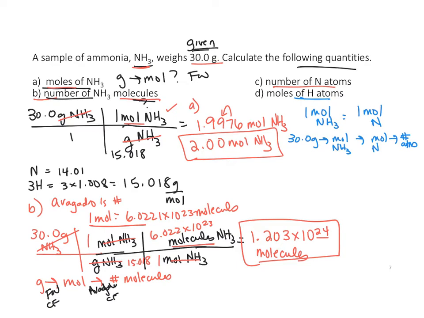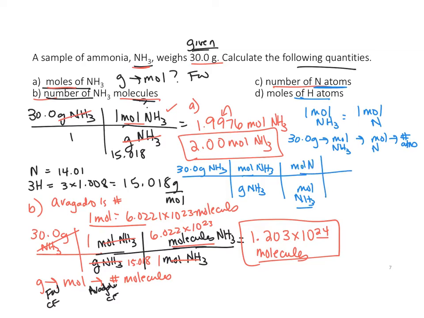So here we do 30.0 grams of NH3. We're going to do grams of NH3 for a mole of NH3. Mole of NH3. See, that's a substance, but we want moles of nitrogen, so then we have to go to moles of nitrogen. And then moles of nitrogen for Avogadro's number of atoms of nitrogen.